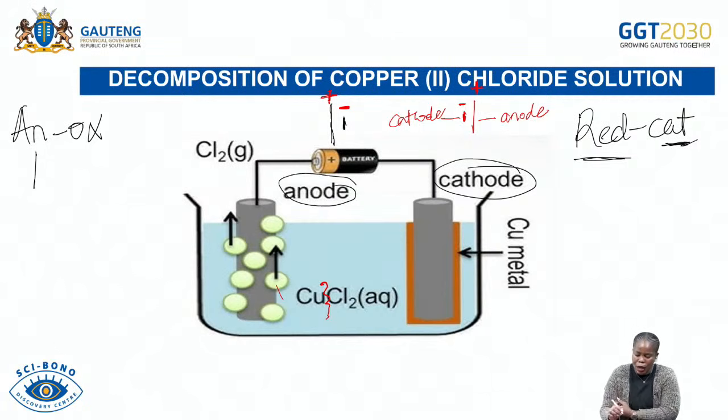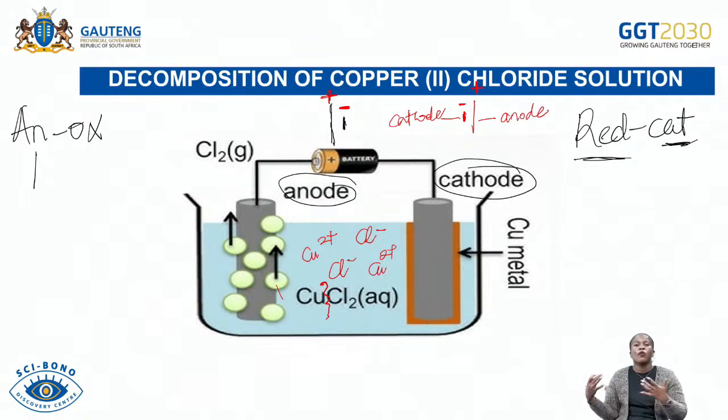Now, we've got your Cu2+ floating nicely, and then we've got your Cl- floating very nicely in this liquid. We call it an electrolyte because now it has the movement of ions, therefore it is able to conduct electricity. Right. Opposites attract. Remember what we said?